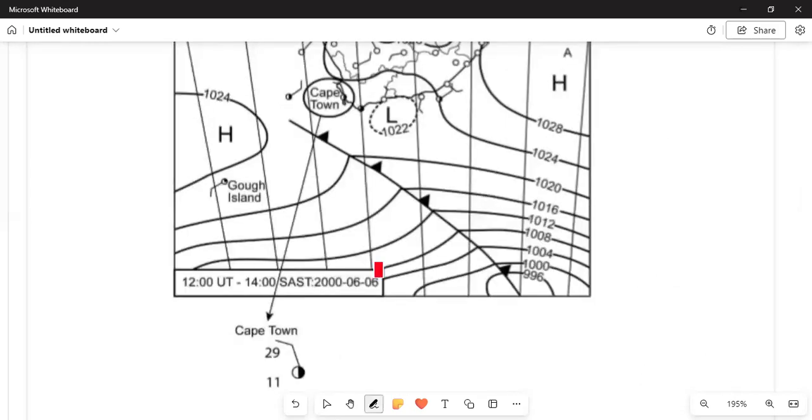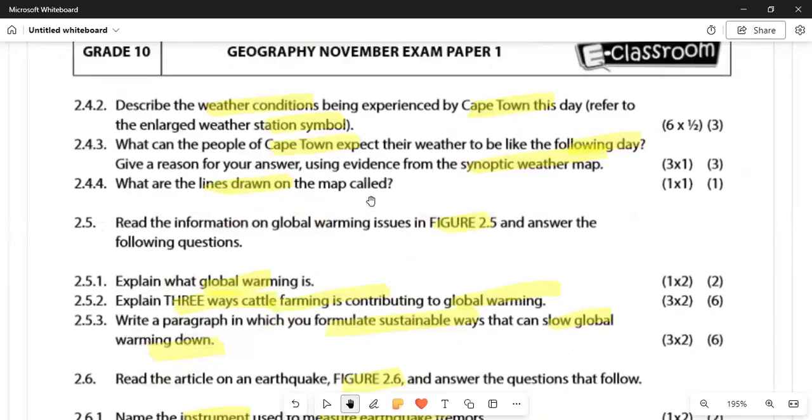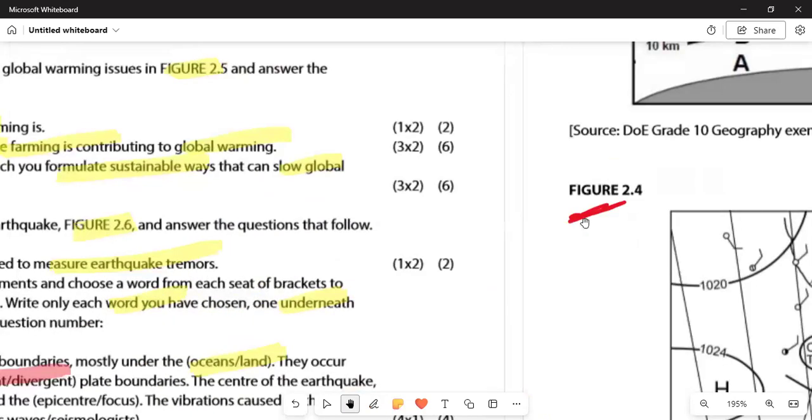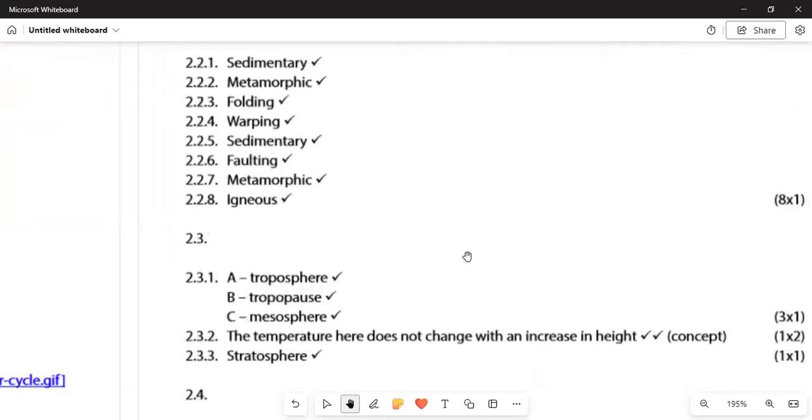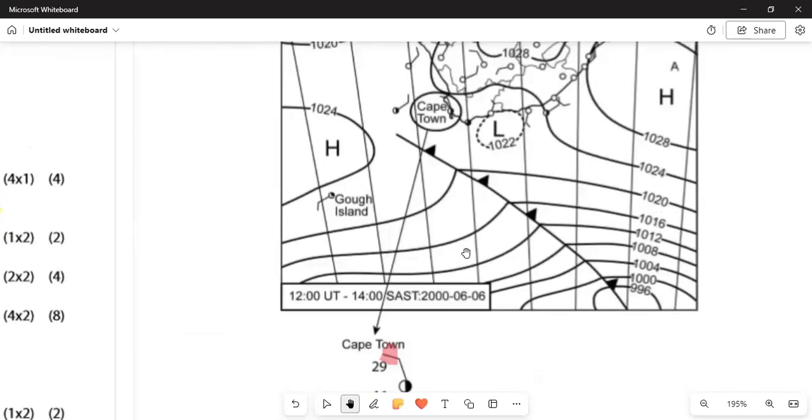So we are saying this is the temperature, half clouded, no rain, wind direction there. And then in 2.4.3, what can people of Cape Town expect on the synoptic weather map? So the following day, what will it be like? Cold and rain.